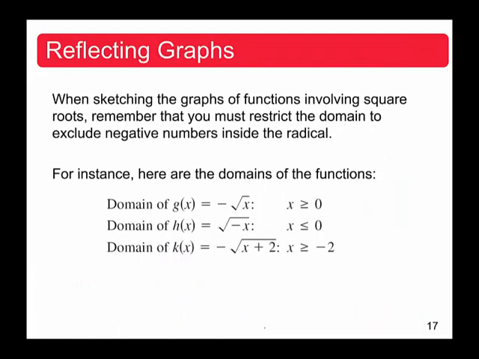And when we're sketching the graph of a function involving a square root, you will make sure the domain is always greater than or equal to 0, or non-negative. Domain is non-negative.